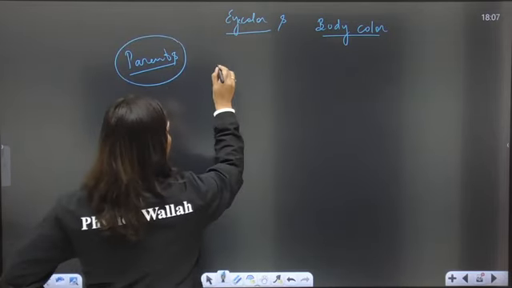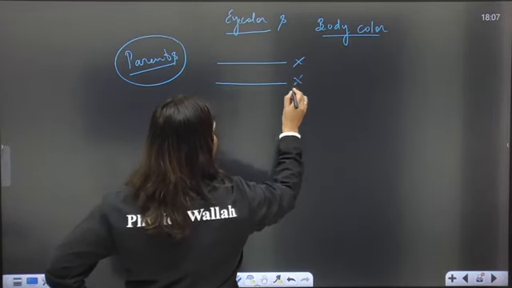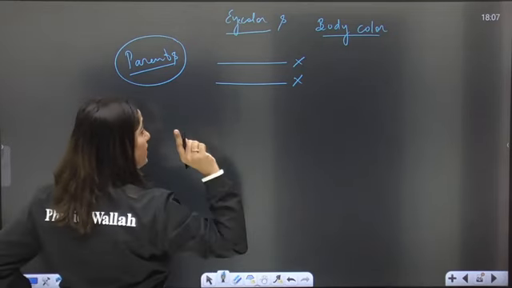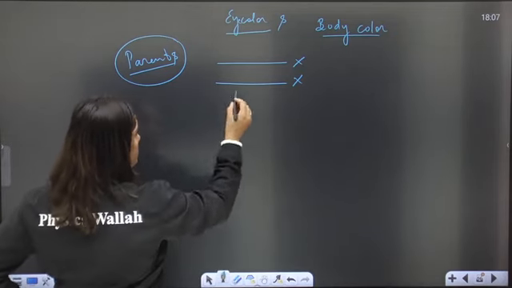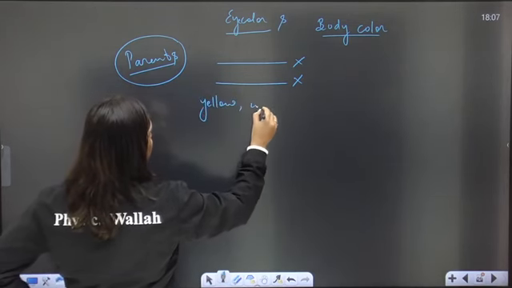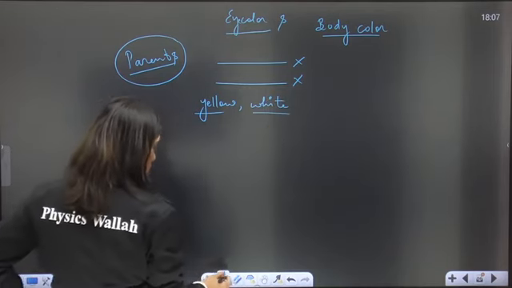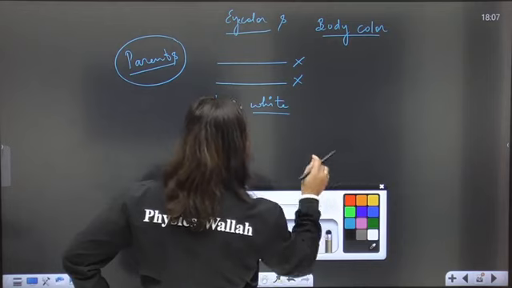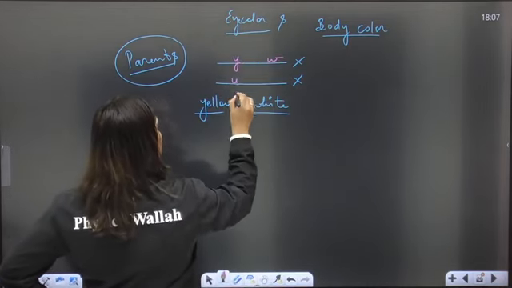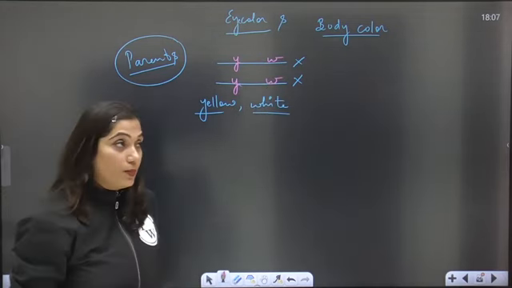The female has 2 X chromosomes, one this, one this. The female taken by him was recessive. Recessive means it would be yellow bodied and white eyed, right? So what symbols should I write over here? Small y w, small y w, because this female is a recessive female.